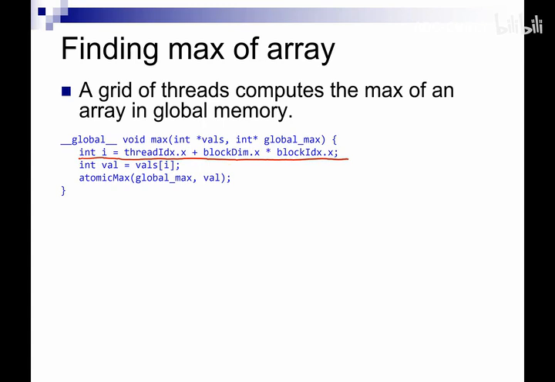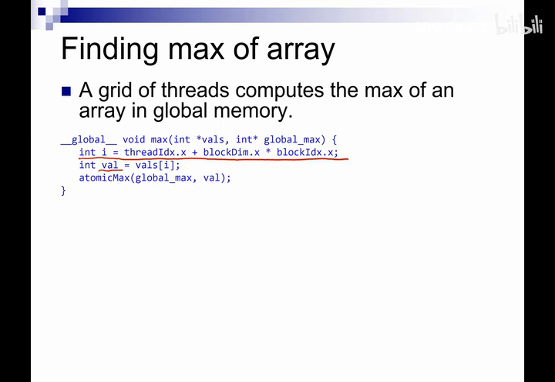That thread is going to read the array value and store it in its register called val. Then it's going to take the value that it read and try to do an atomic max with the global maximum value right now. The global maximum value is a shared value, stored in global memory.